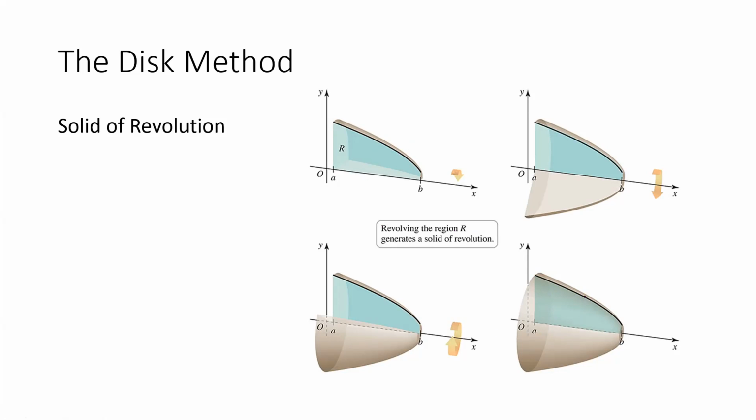So to take the final picture that we have here, if I were to slice it at some point x along the x-axis, and we look at the cross section, it's just going to be a circular cross section. So the cross sections of our solid of revolution are always going to be circles, disks.